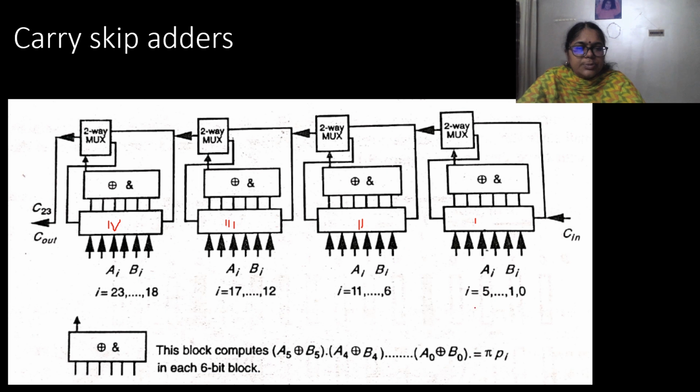Now, to each block, the special circuitry has been attached. And what is the special circuitry? The special circuitry is the block propagation signal generation unit. When the A and B values of the block are given to the adders in that block, these A and B values are also given to the block propagation signal generation unit.